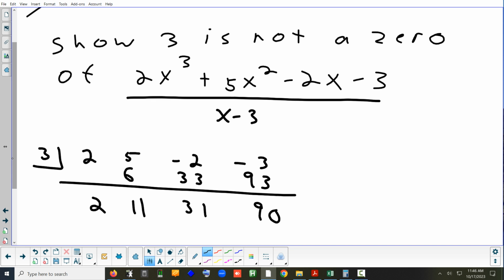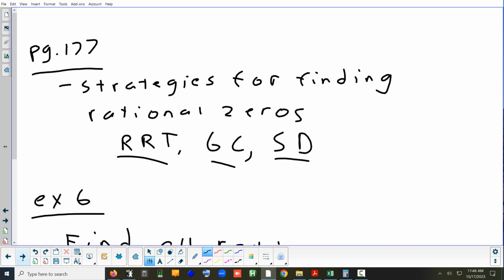Now, I gave you that number to try. You're going to have to figure out the number to try on your own now. And the way we figure it out is we need a list of possible options. How do we get a list of possible options? The rational root theorem. That will give us a list. Now, we don't just want to sit here and start trying every number in the list.